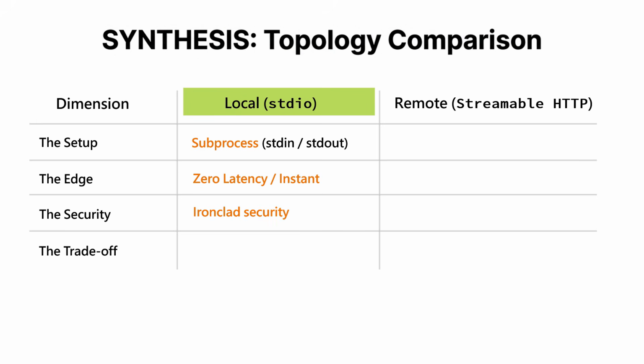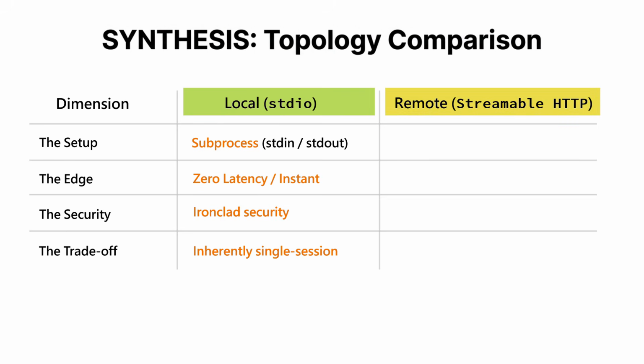For the security, it offers ironclad security because your data never leaves the device, making it the gold standard for IDE enhancements like Cursor or processing highly sensitive on-device files. The trade-off is it is inherently single session, meaning it isn't built to handle thousands of users at once. It's a dedicated one-to-one relationship between your app and the server.